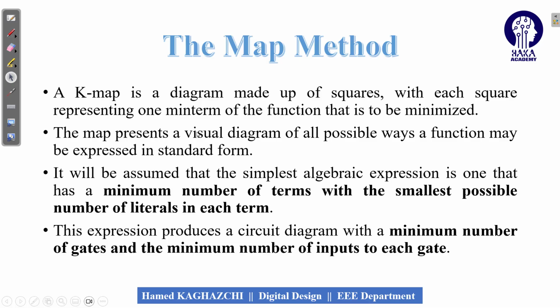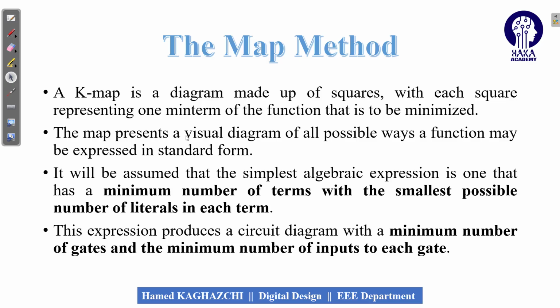If we have two variables, the squares of the Karnaugh map will be 4. If we have three variables, the squares of the Karnaugh diagram will be 8, etc., up to the end. This Karnaugh map will help us have the minimum number of terms with the smallest possible number of literals in each term.